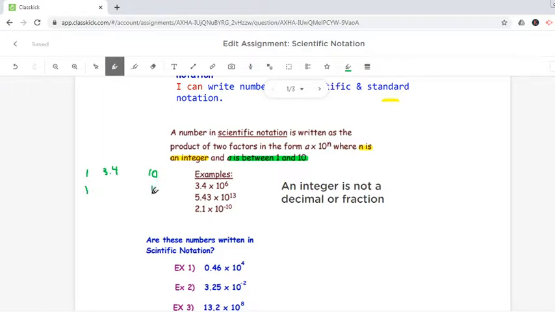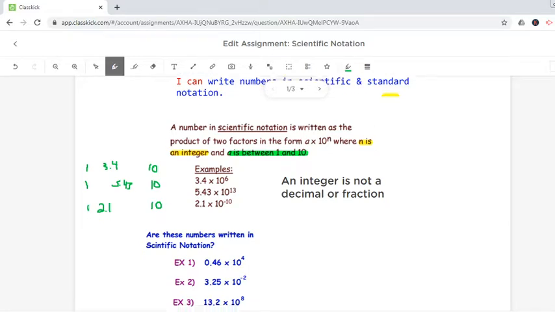Got 1, then 10. 5.43 is about right in the middle. Okay, and 2.1 times 10 to the negative 10th. 2.1, you have 1, 10, 2.1 about right there.